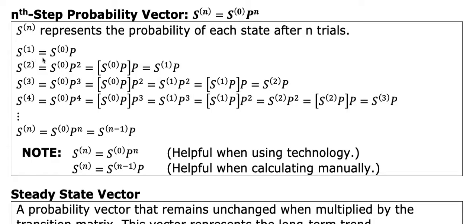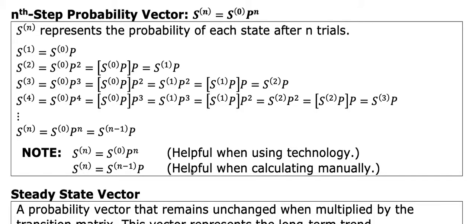And this is a way of showing that under this definition, just looking at each of the different terms consecutively, we can express this formula as either the initial probability vector times P to the power n, and this is helpful when you have technology that you can calculate P to the power n very quickly to find an instance in a certain trial, for example, the state after a certain number of trials.